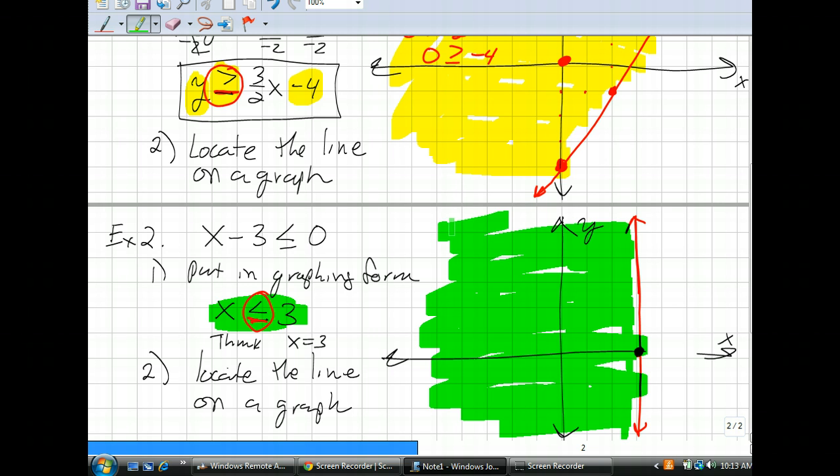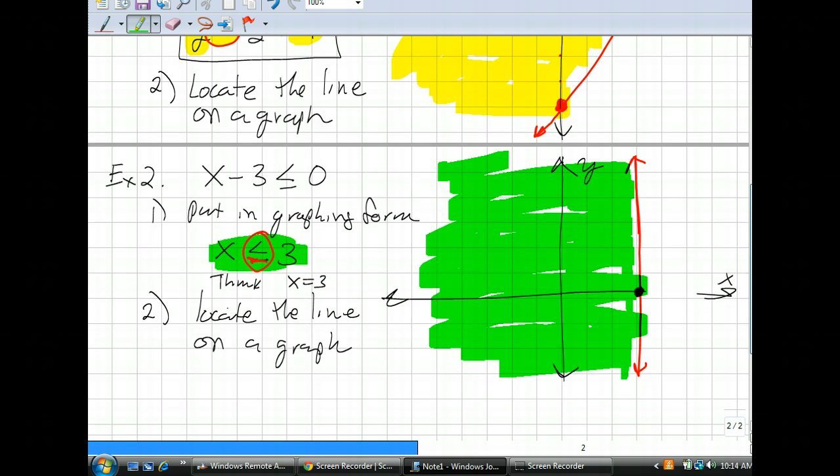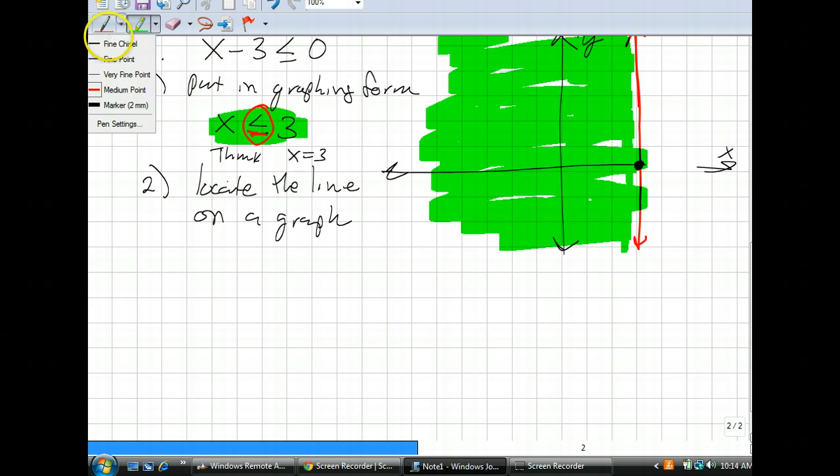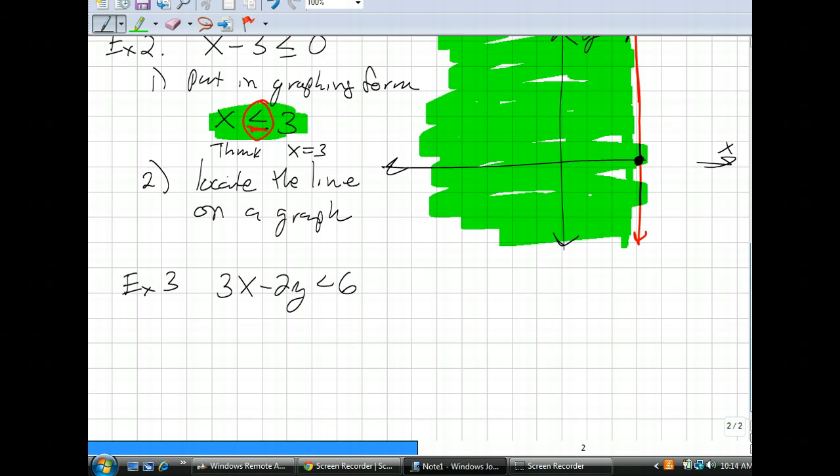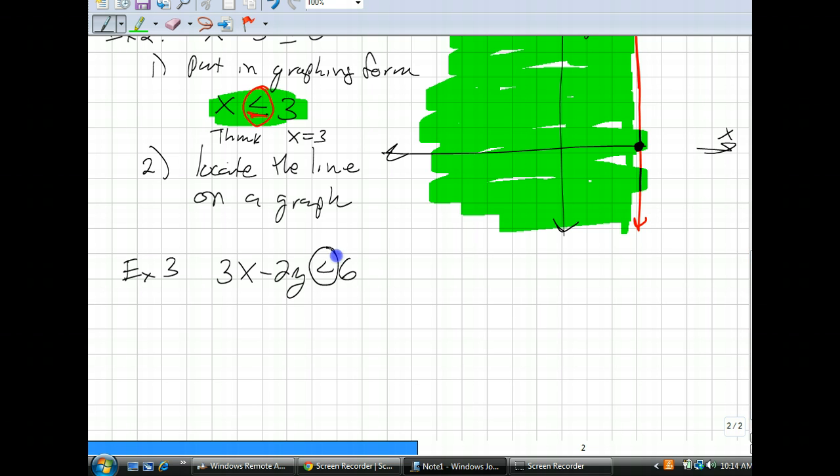All right, let's do one more. Example 3. Okay, let's say I have 3x minus 2y is less than 6. Notice that there's no equal involved here, so that means when I do my line, it's going to be a dotted line.